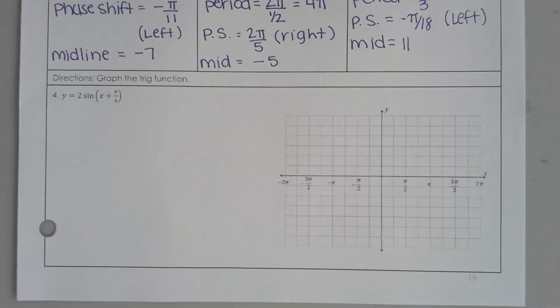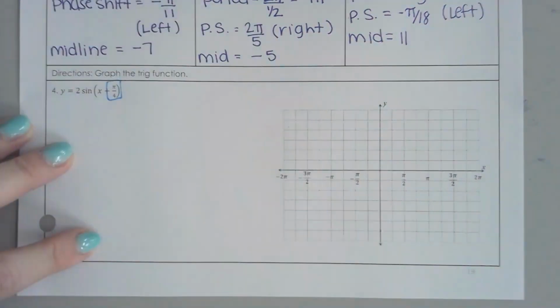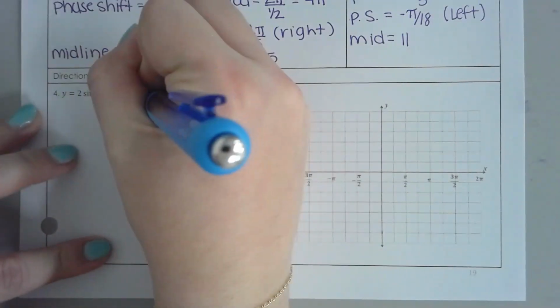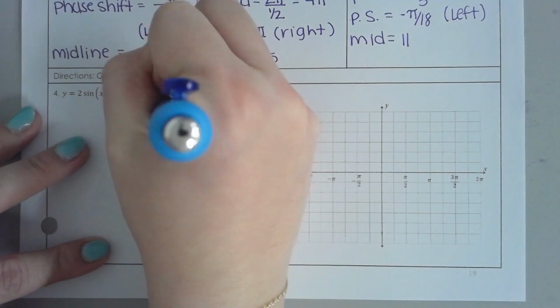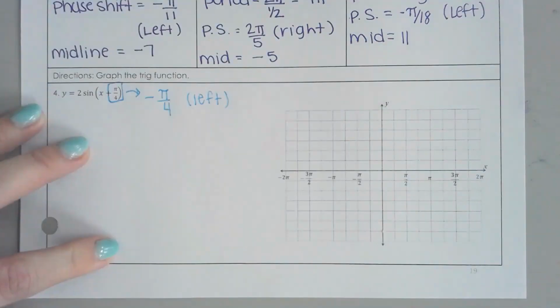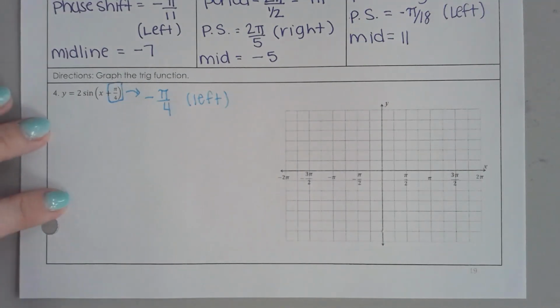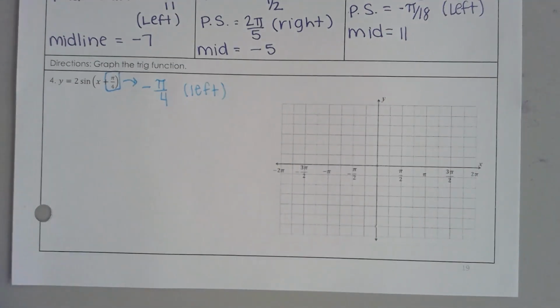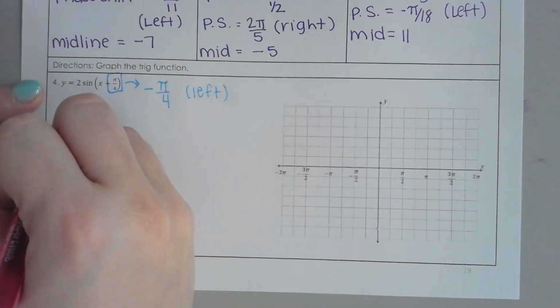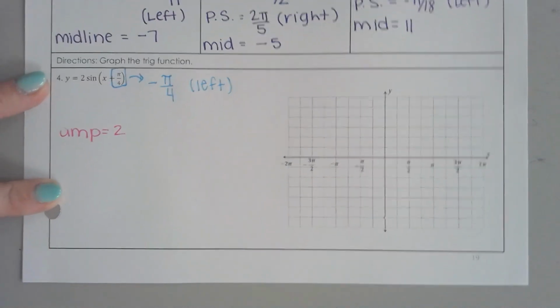So right now my phase shift is negative pi over 4. So ultimately we're going to move left, but we're going to save that until the very end. My amplitude is 2.